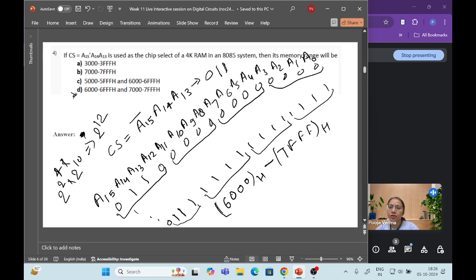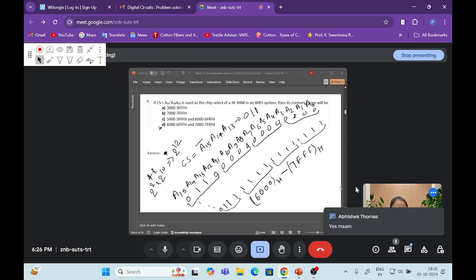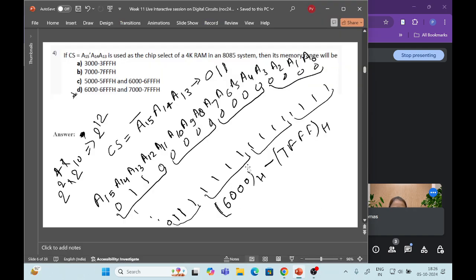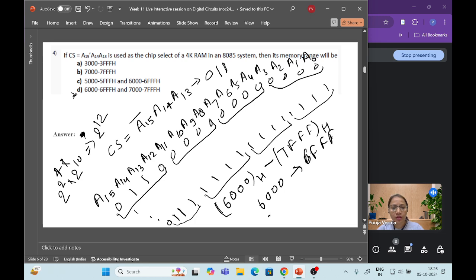Okay, so for 4K memory, if we write it in two parts, it can be written from 6000 to 6FFF, then 7000 to 7FFF. Okay, so the correct answer is D.